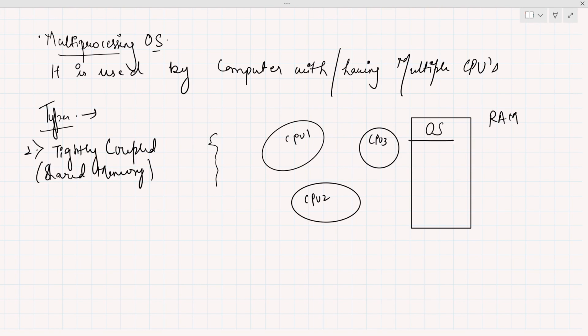But remember, memory is only one. Now there are programs P1, P2, P3.